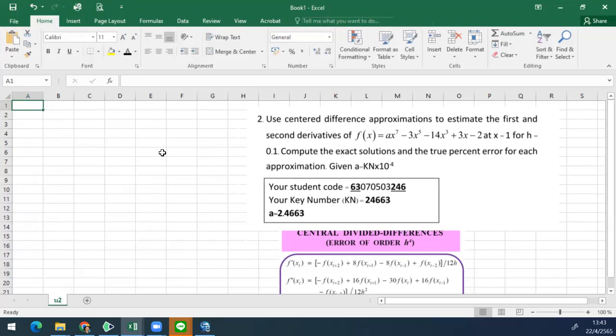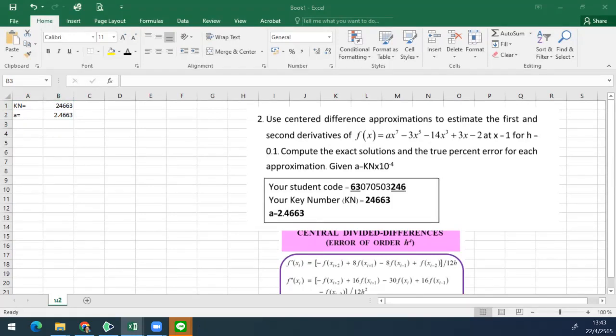So we have a equal to, for example, some number, maybe a is equal to that number times 10 to the power minus 4. Okay, we have a already. So what's next that we should do now?